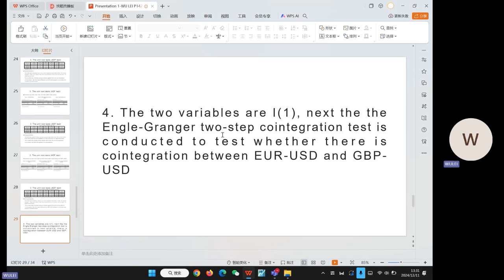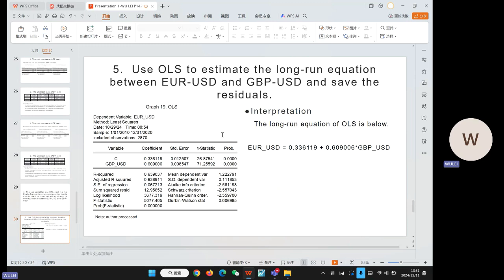Next, the Engle-Granger two-step cointegration test is conducted to test whether there is cointegration between EUR-USD and the GBP/USD. We need to use OLS to estimate the long-run equation between EUR-USD and the GBP/USD and save the residuals first.